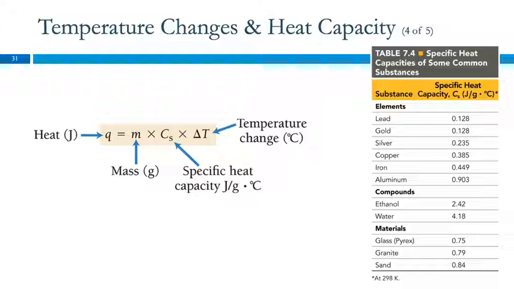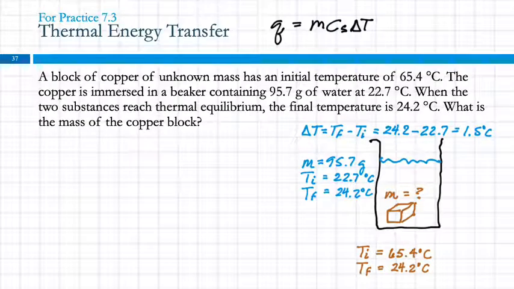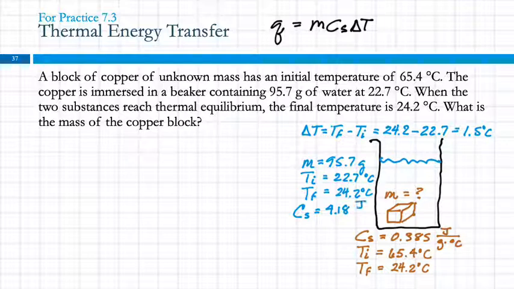So there we've got specific heat capacity for water is 4.18 joules per gram degree Celsius. And then as long as we're here, let's look at the copper as well. It's 0.385. So for the copper, specific heat capacity is 0.385 joules per gram degrees Celsius, and for the water, it's 4.18 joules per gram degrees Celsius.